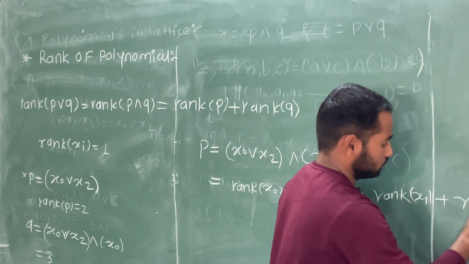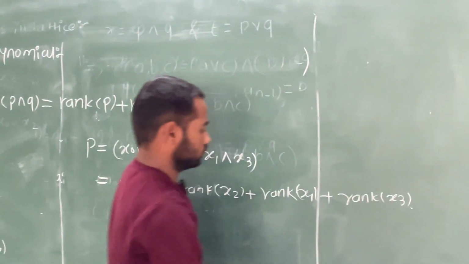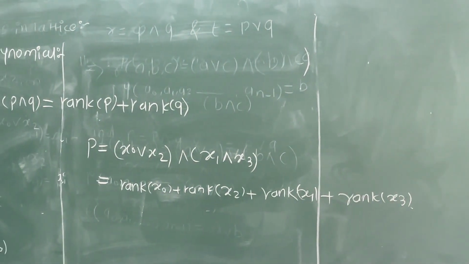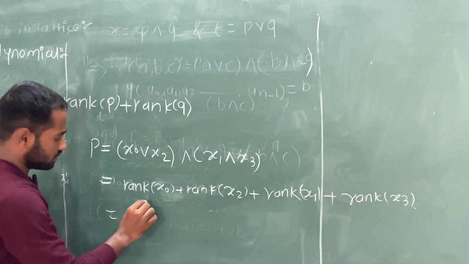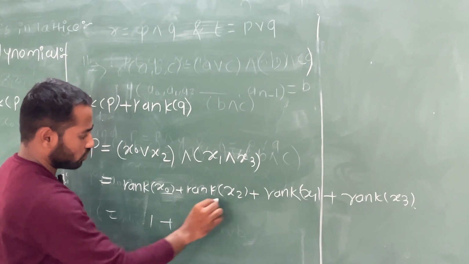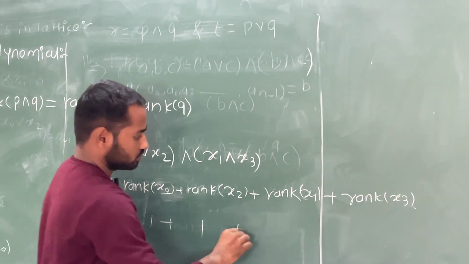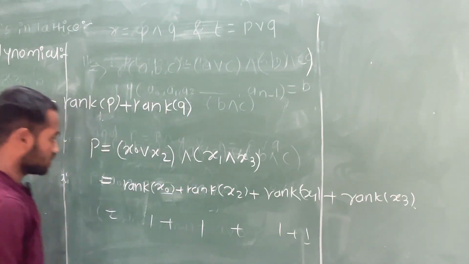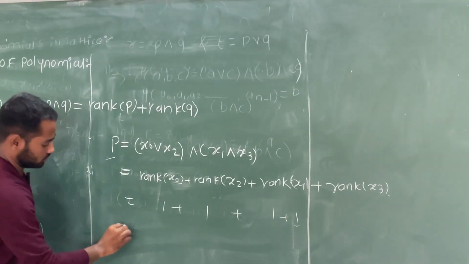So basically, you are going to split, split, split, and finally you get to the monomials. And rank of a monomial is 1. Is that clear? See, rank of x0 is 1, plus rank of x2 is 1, plus 1, plus 1. So what is the rank of this? Yes.